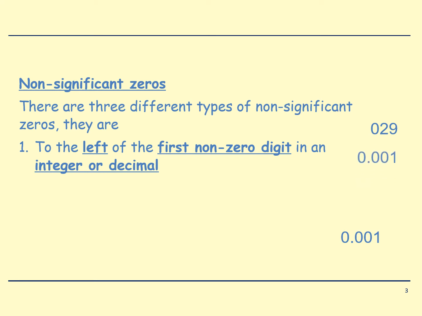Also, if it's a decimal, 0.001, when we're rounding to one significant figure, then the 0.00, we don't count them.